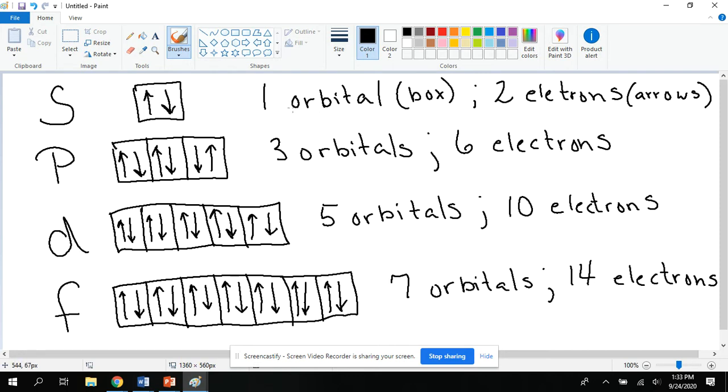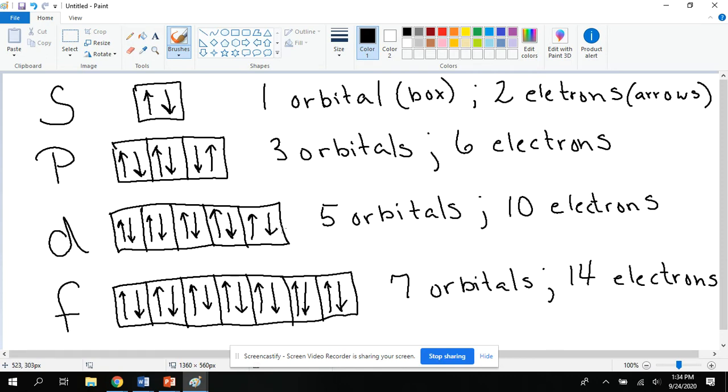So for S, there's only one orbital, that's the box, and 2 electrons, those are the arrows. P has 3 boxes, or 3 orbitals, and 6 total electrons. D has 5 orbitals and 10 electrons. And then F has 7. So these are the biggest ones.